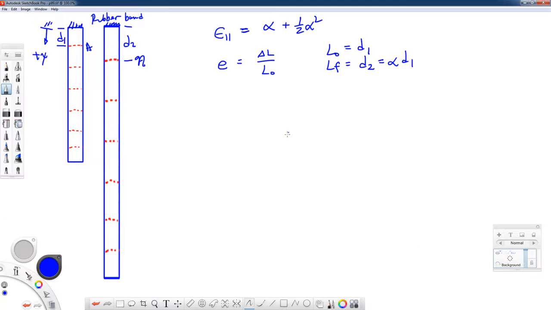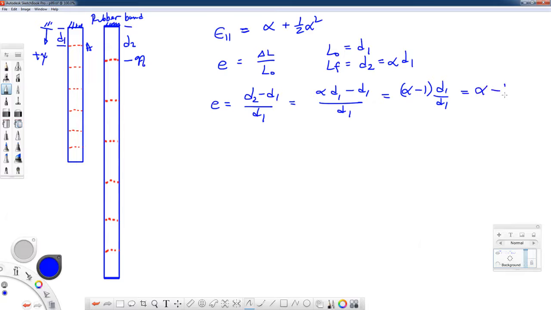And then we can have our change in length divided by our initial length. So this would be on top d2 minus d1 over d1. So this would be our engineering strain, alpha d1 minus d1 over d1. This would be equal to alpha minus 1 times d1 over d1. The engineering strain here then would be equal to alpha minus 1 in this particular case.